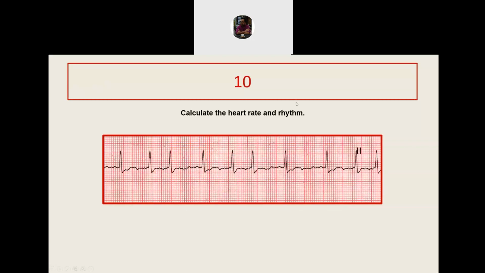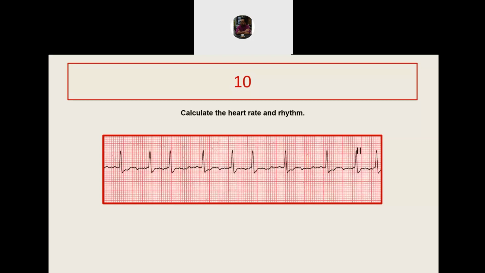Can you comment on the heart rate and rhythm here? The heart rate rhythm is definitely irregular.